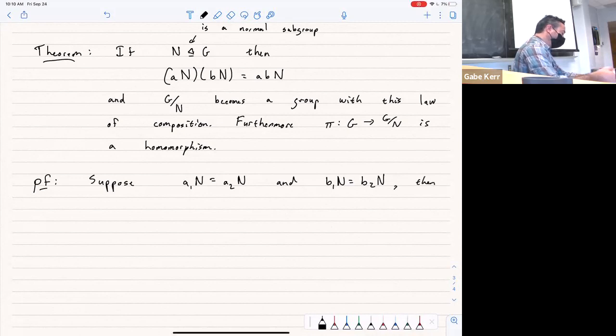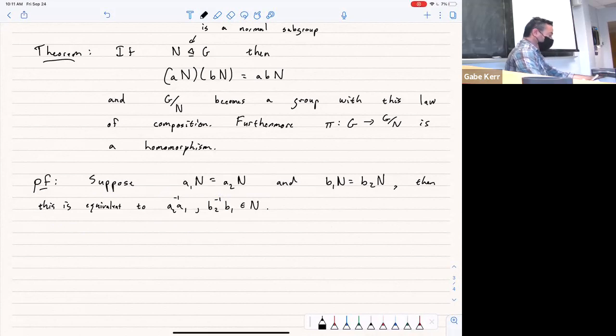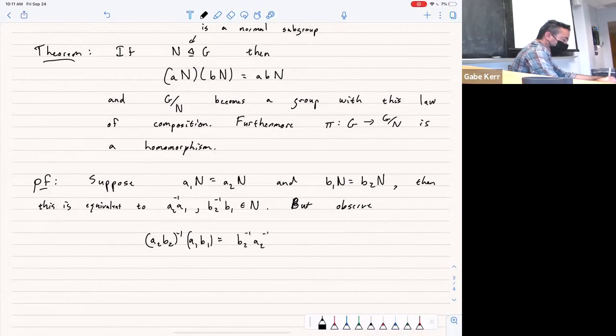And this is equivalent, as we've shown in the past, to (a2b2) inverse a1b1 being in N. Let's make an observation. (a2b2) inverse a1b1 is equal to b2 inverse a2 inverse a1b1.